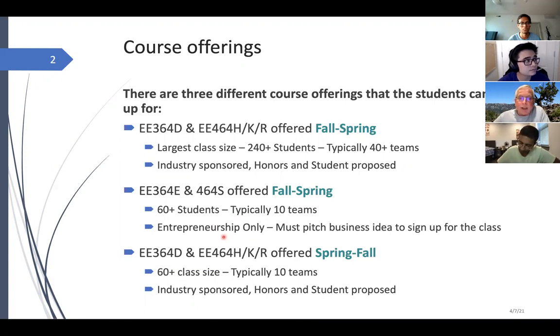It's entrepreneurship only. And we'll talk more about this in a few minutes. But in order to get into this class, you have to pitch me a business idea to sign up for the class. So I'm the venture capitalist that's going to fund your project to be in my class. So those are the 3 different course offerings we have.